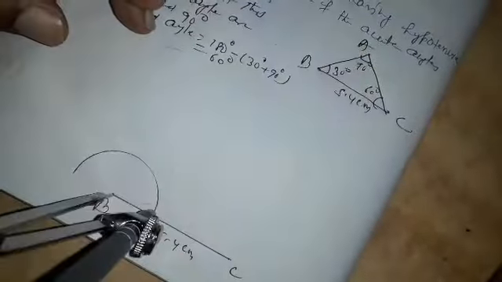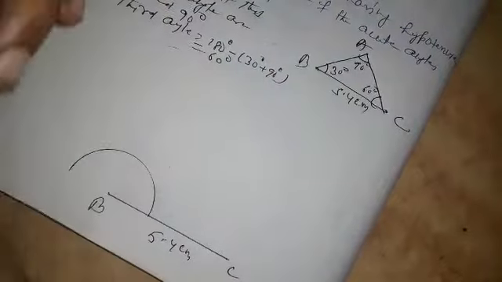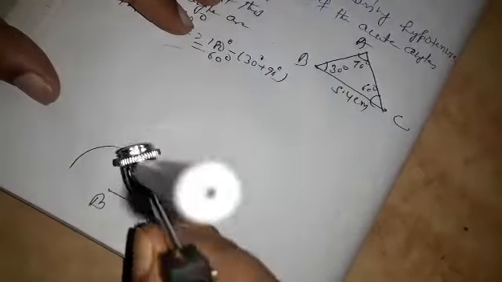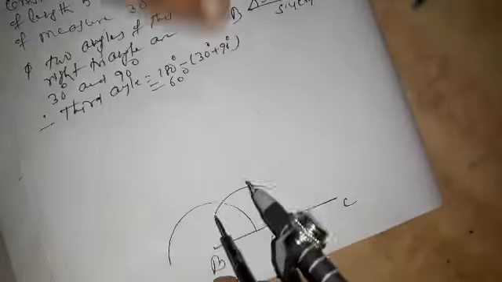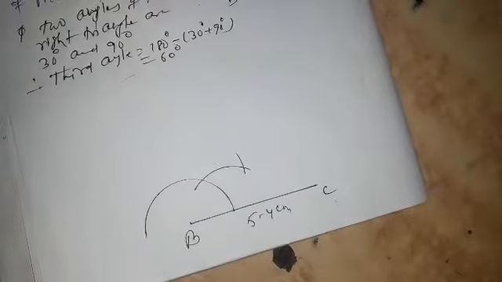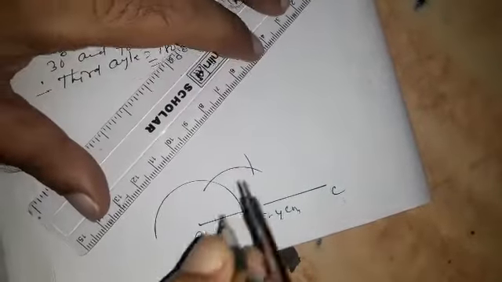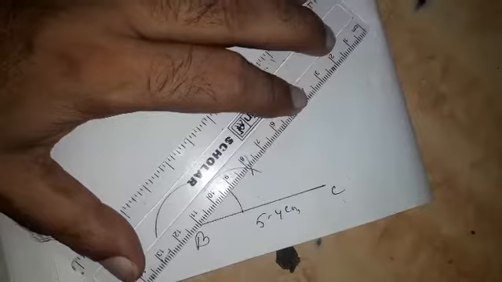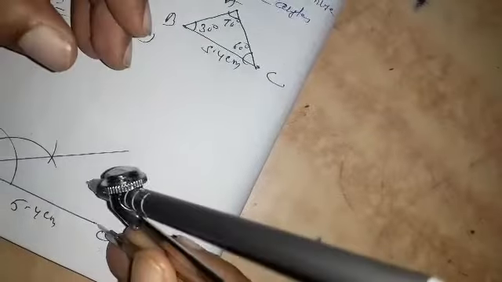At point B, making an angle of 30 degree. Produced, and angle C is 60 degree.